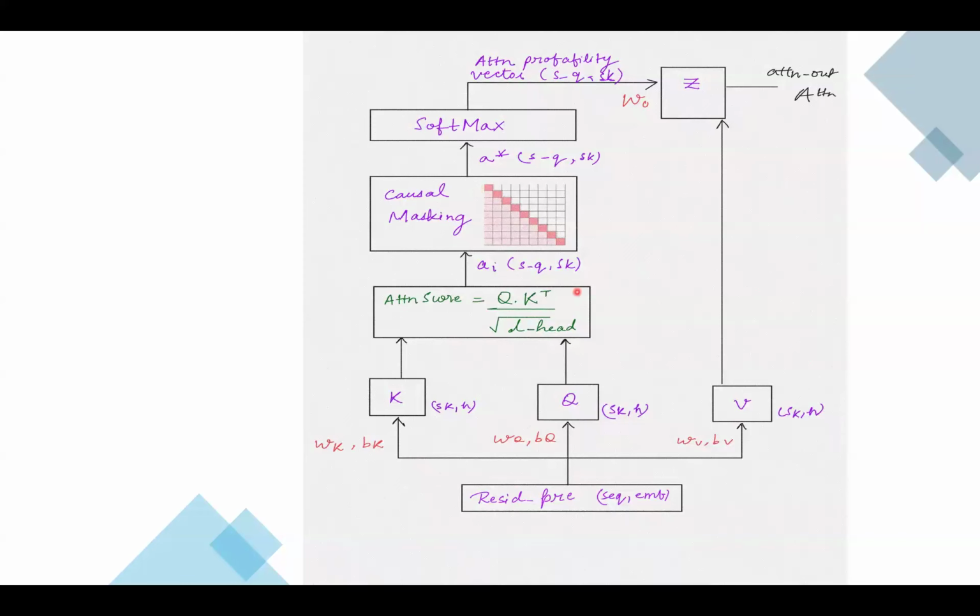That is what we call the attention score: how relevant the information at some other position is for this particular position. So that's the intuition behind it.